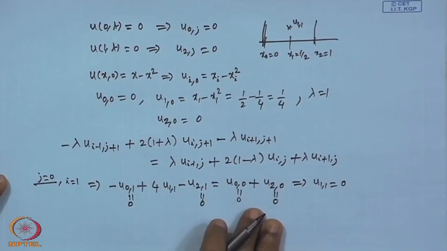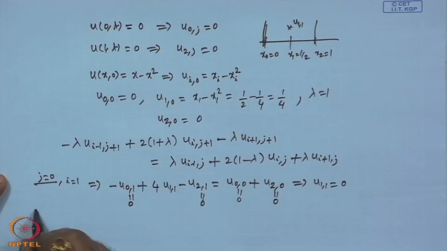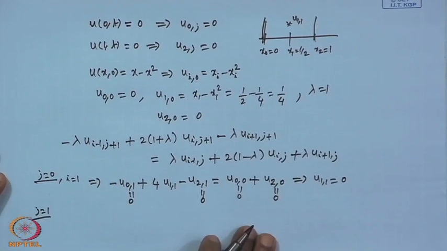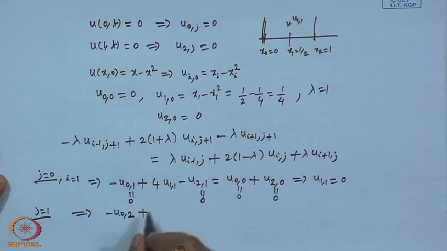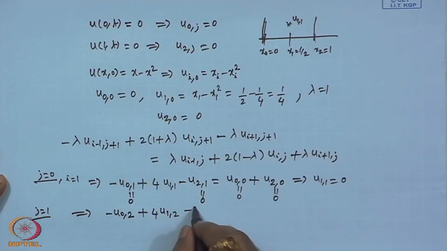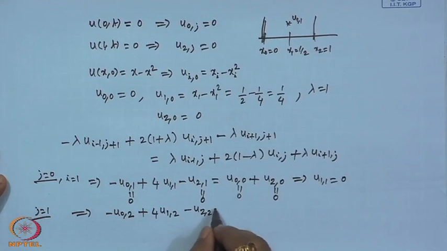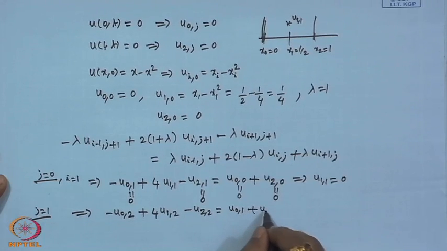Suppose we run for j equal to 1, this implies... okay.